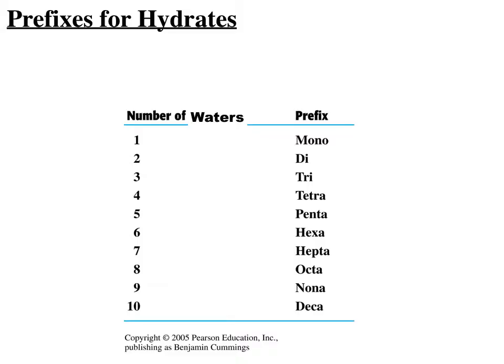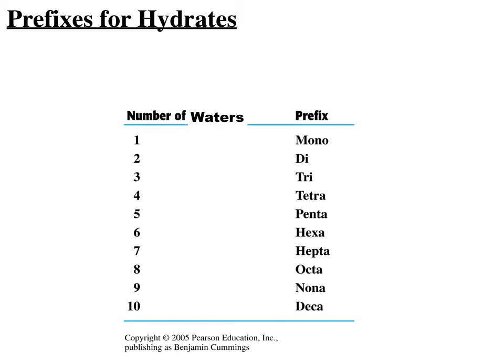This slide shows the first 10 prefixes that I want you to know and use when we are naming hydrate compounds. If the ionic compound incorporates 1 molecule of water per unit of the ionic lattice, we use mono.